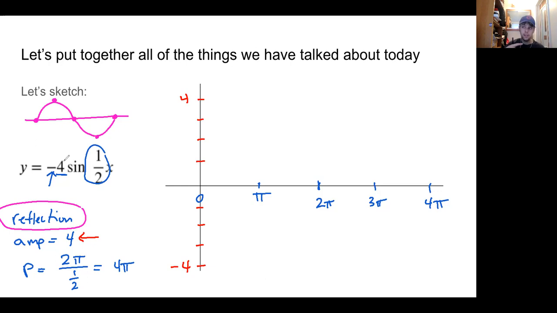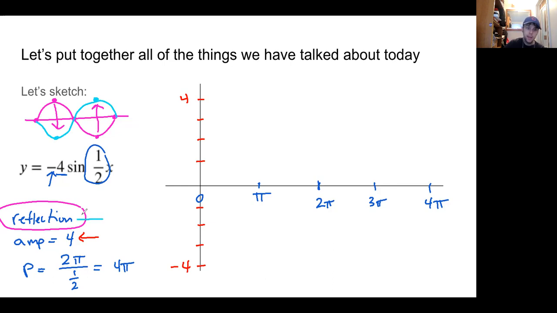We are reflecting across our midline, across the x-axis here. So this point here, which is up, is going to have to go down there. And this one here is going to have to go up there. The points that are present on our midline aren't going to be moving. So what we should end up with is a reflected graph, something like this. So this is what we're going to be working with.